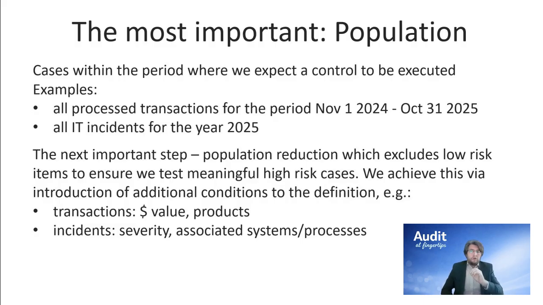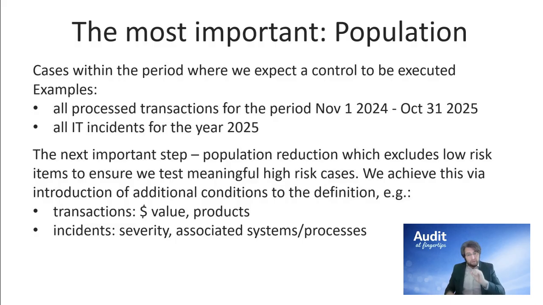However, not every sampled item represents the case of high risk, meaning that we may build up our conclusion on a mix of high and low risk cases, which doesn't comply with the principle of focusing on the most important areas. So that's why we're trying to exclude low risk items and ensure we are testing something meaningful.